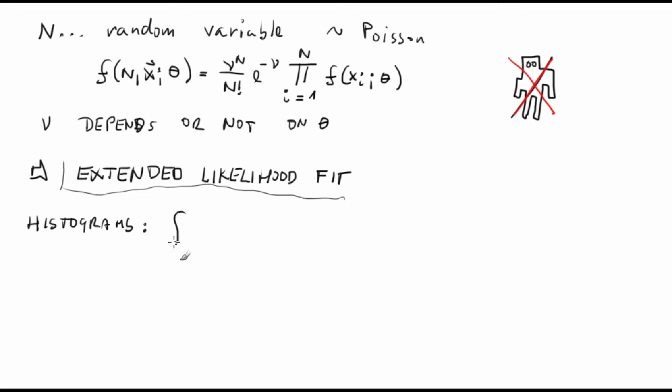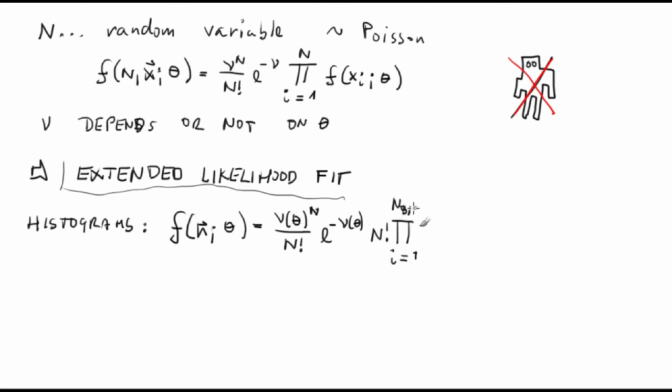Let's write it down. f of n vector, theta, equals nu with parameter theta to the power of n over n factorial times e to the power of minus nu with parameter theta times n factorial times product for i going from 1 to n bins of nu i with parameter theta over nu with parameter theta, to the power of n_i, over n_i factorial.